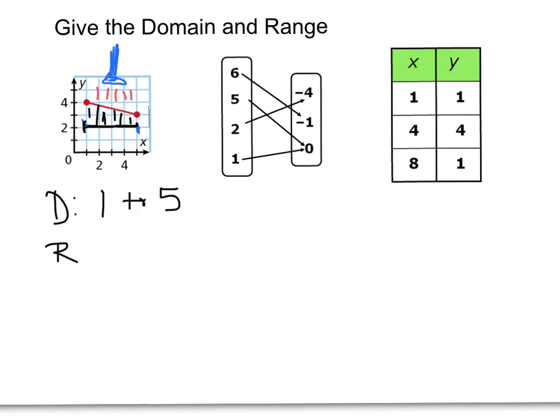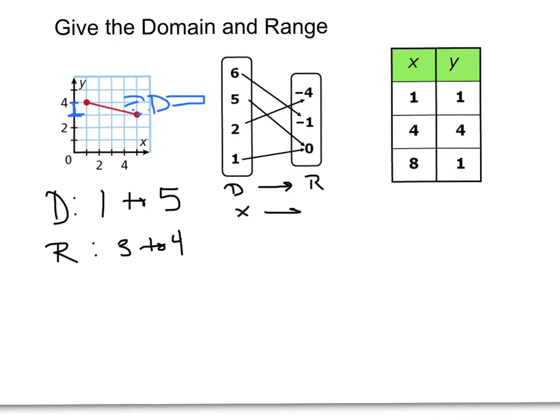And then for our range, we can move our flashlight to the other side and think about where it would hit on that side. It would cover 3 all the way up to 4. And so our range here would be from 3 to 4. And then with this mapping, this is always the domain to the range, or the x to the y.